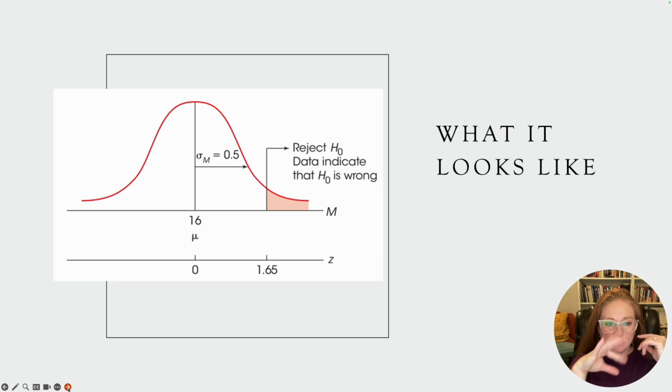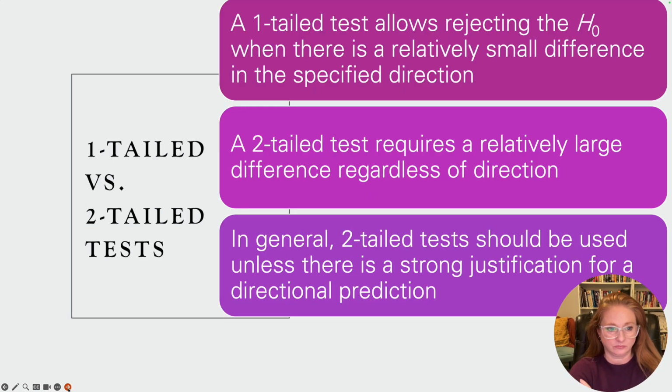So if you say, okay, what's the probability that I'm going to randomly pull a sample mean, a group of sample means, and it's going to be in that critical region? All right, I still reject my null hypothesis if they pull in the critical region. It's a lot thicker though.